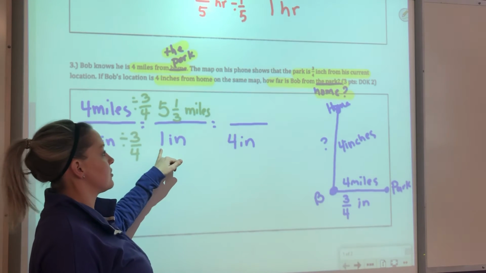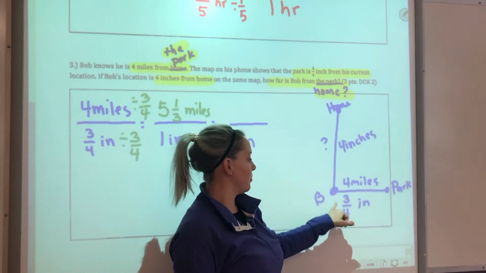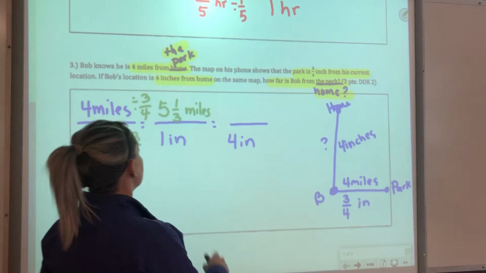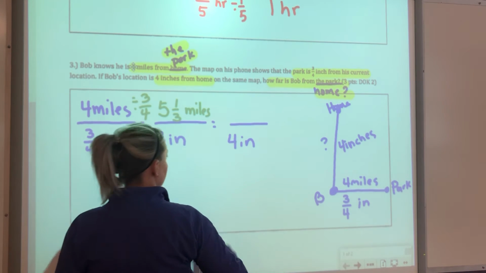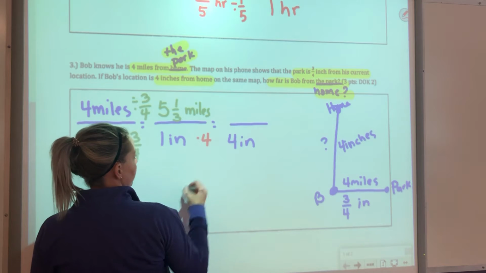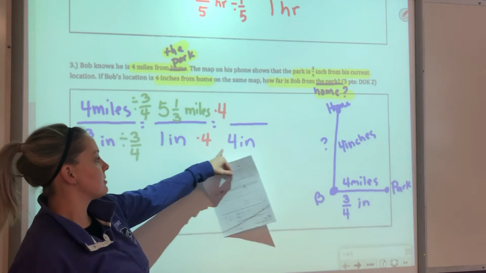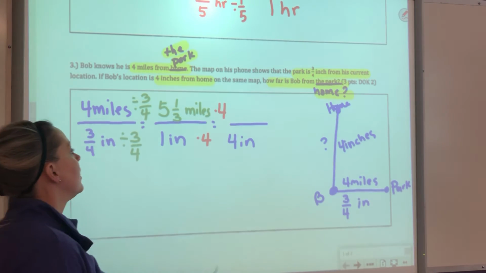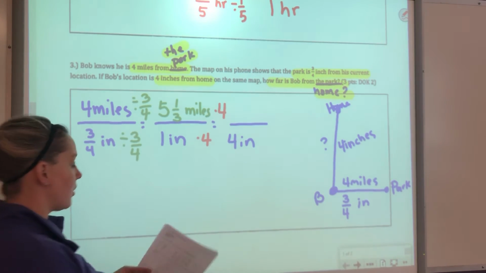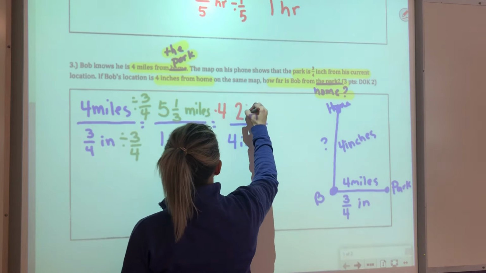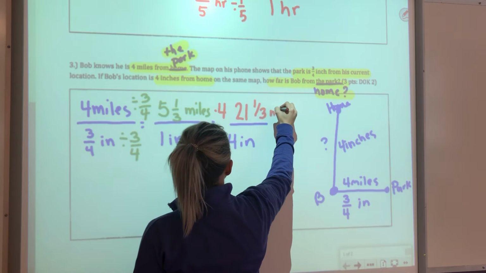But I don't want 1 inch because my home is 4 inches away. So I need to multiply my denominator by 4 and my numerator by 4. 1 times 4 is 4, and 5 1/3 times 4 is 21 1/3 miles.